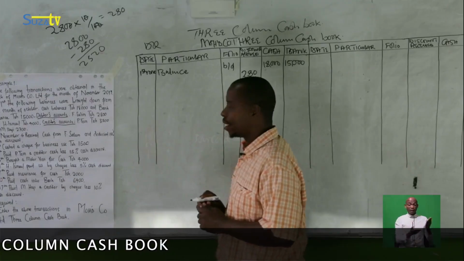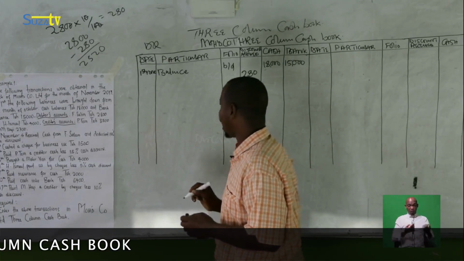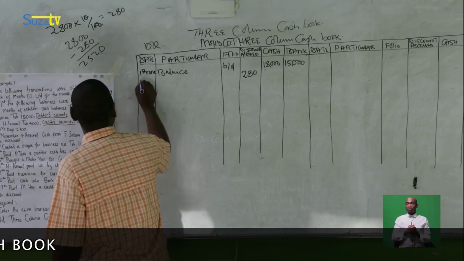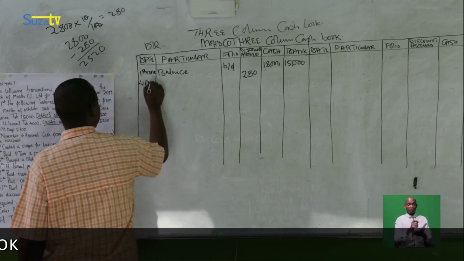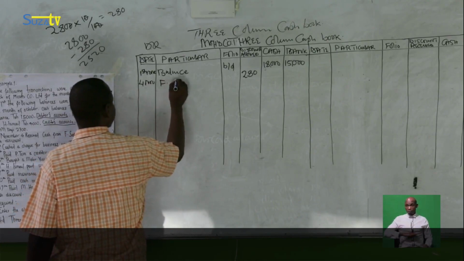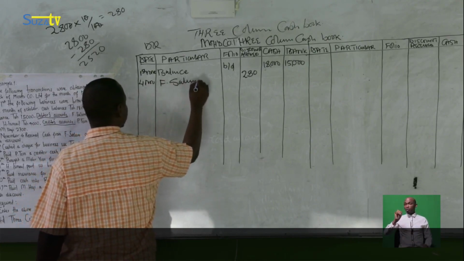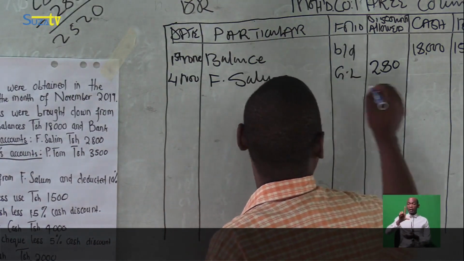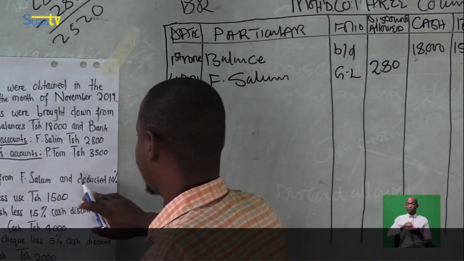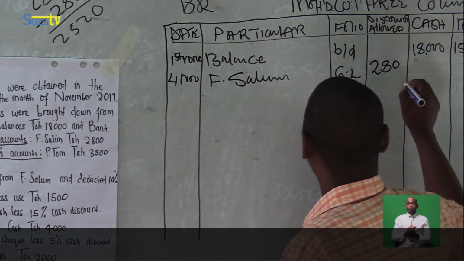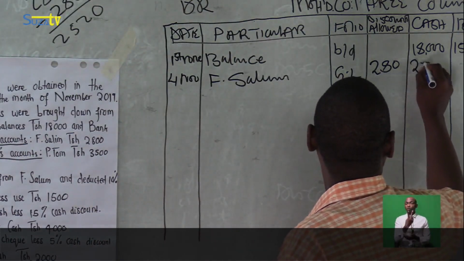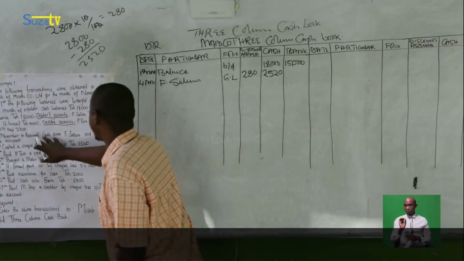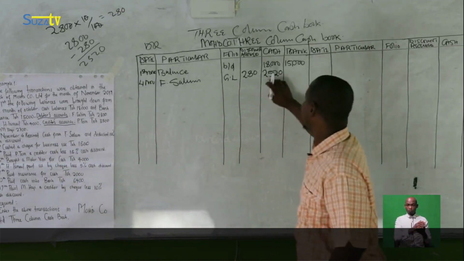This is the amount received from F. Salom. Just put 4th November, F. Salom, General Ledger. We are paid 2,520 by cash. You put it in the cash column.